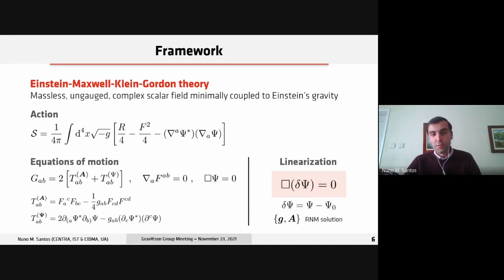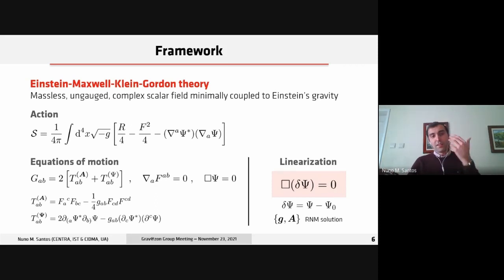If we linearize the equations of motion around this psi naught, which you can take as being 0, we obtain the ordinary Einstein-Maxwell equations together with the Klein-Gordon equation for the scalar field perturbation, which I denote here as delta psi on the right. So that's our linearized Klein-Gordon equation.